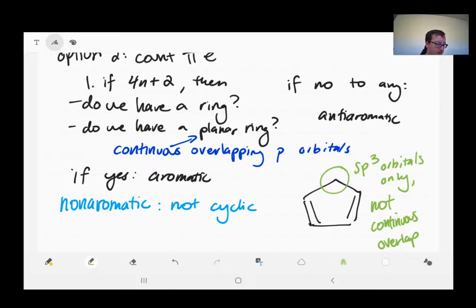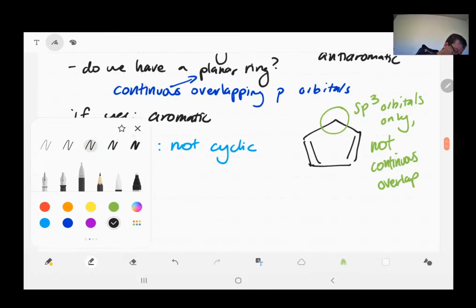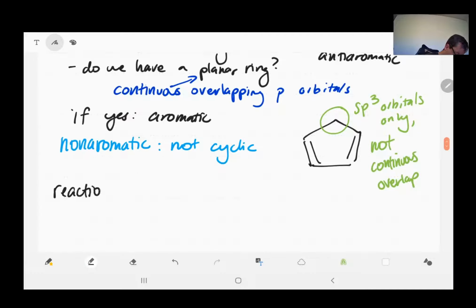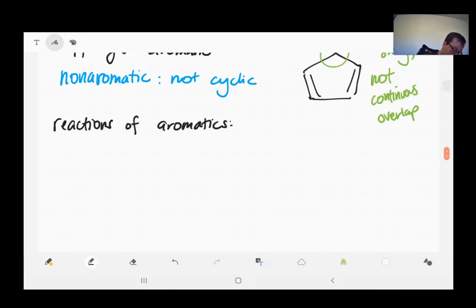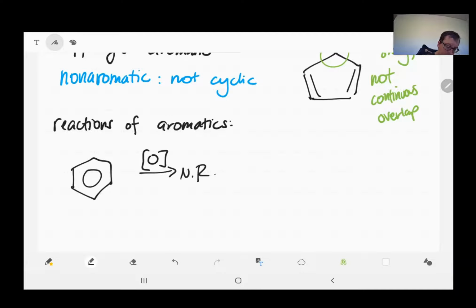In that case, let's talk about some reactions. I say let's talk about reactions, although today we're only going to learn like 3. But next chapter we're going to be doing tons of these. So, we've seen our dear friend benzene. If we try to oxidize this, we get no reaction.